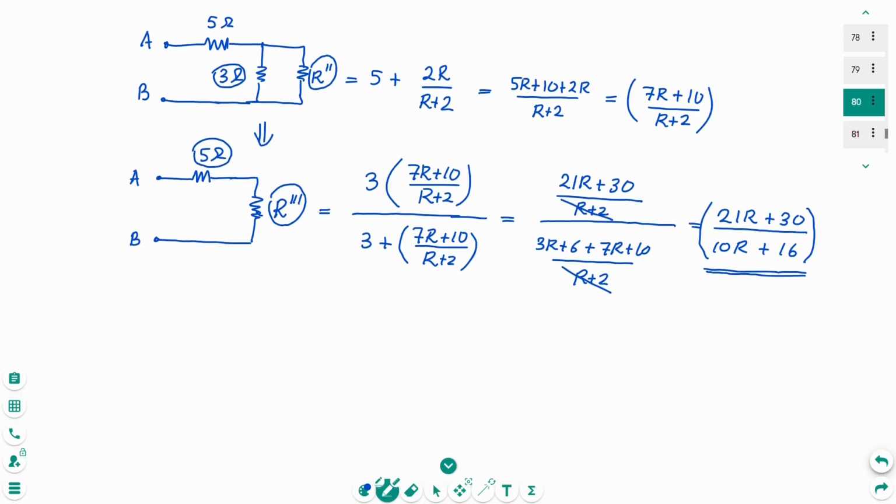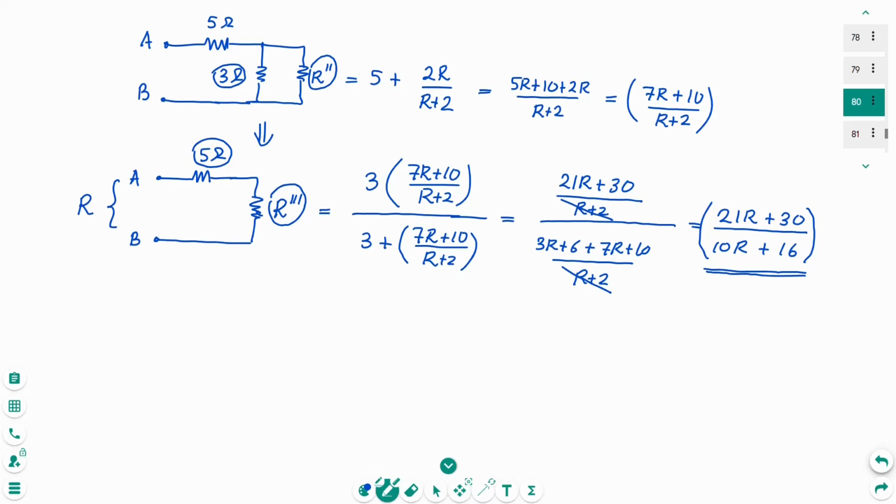So now let's call that, and what is that? A 5 ohm resistor plus R triple prime resistor, that equivalent resistance of those two will be equal to R, the equivalent resistance.